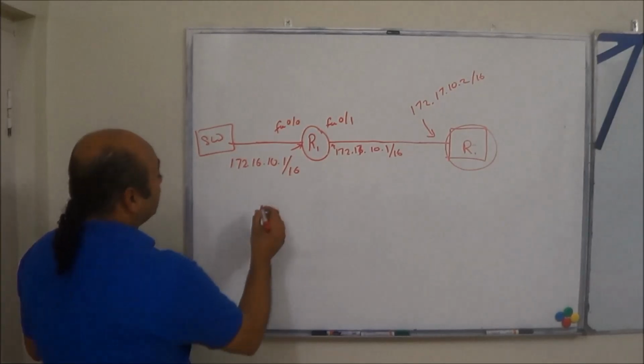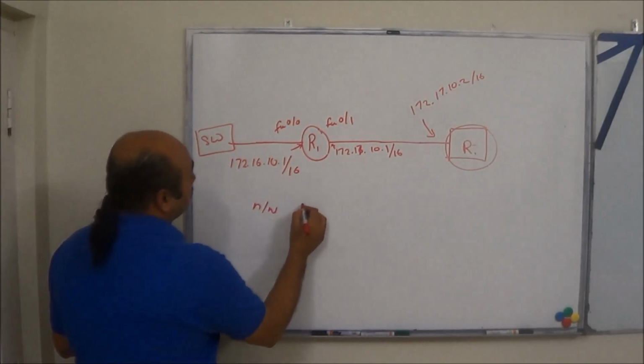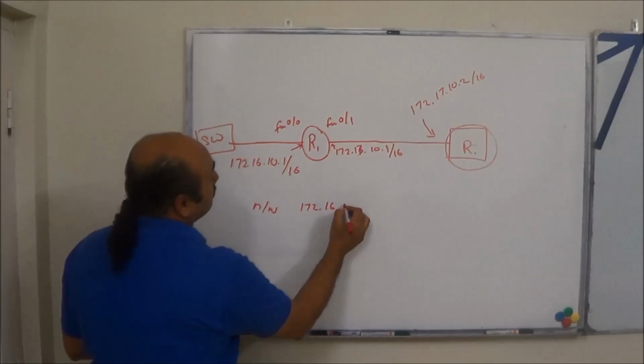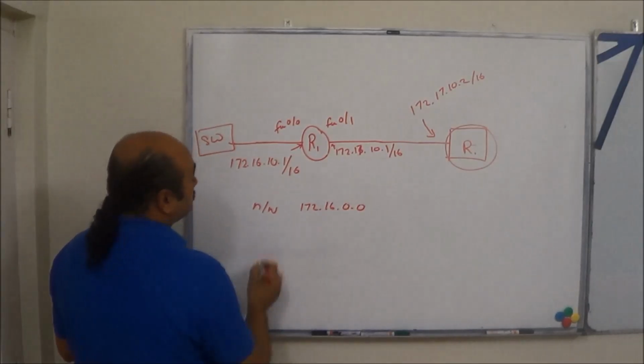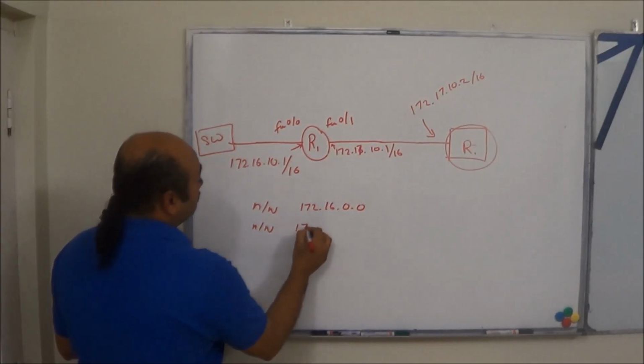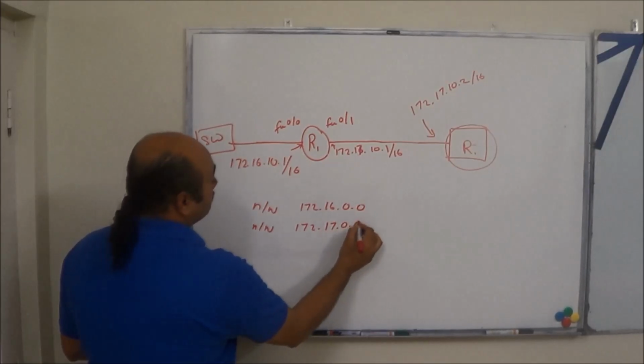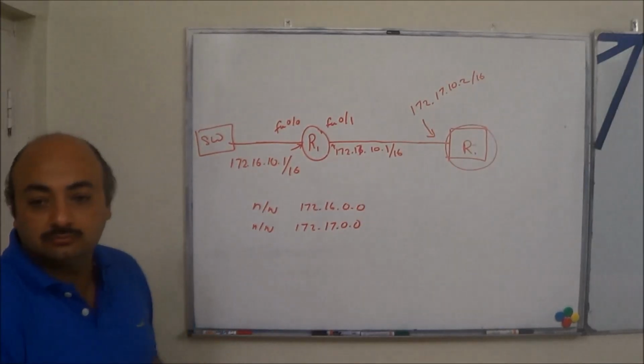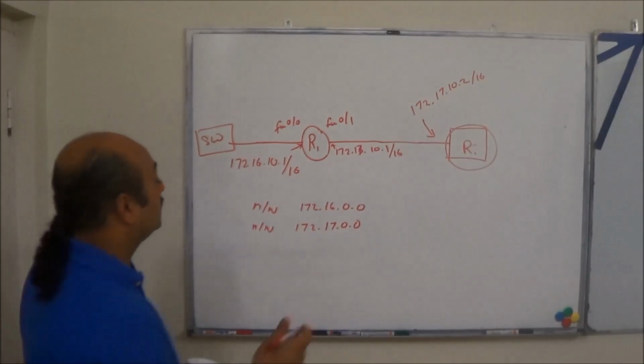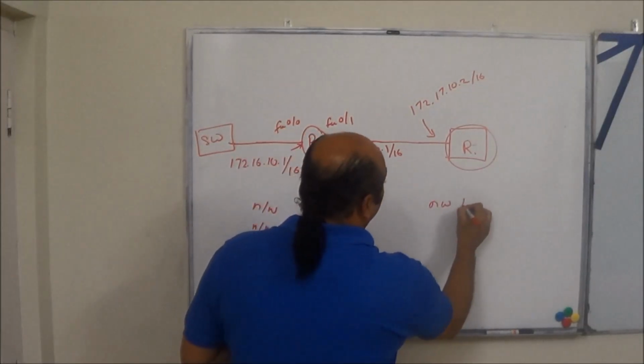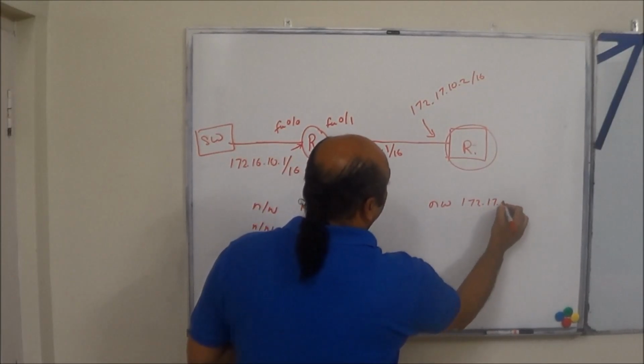What statements have you given here? Network 172.16.0.0 and network 172.17.0.0. That's what you have given. And here you have given 172.17.0.0.